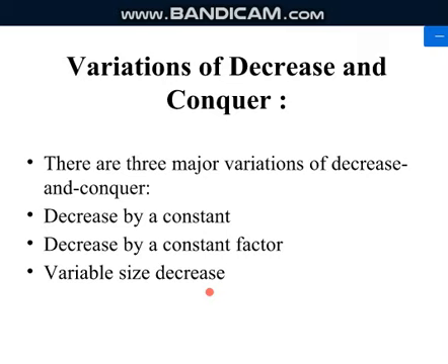Decrease by constant factor is almost similar, but instead of a constant value you have a certain factor using which you decrease in every iteration. In variable size decrease, the size of the decrease differs in every iteration. There is no constant value or constant factor based on which you decrease the problem.